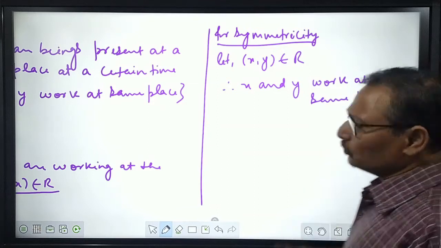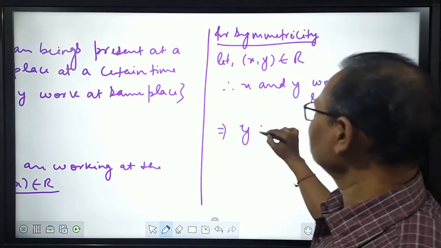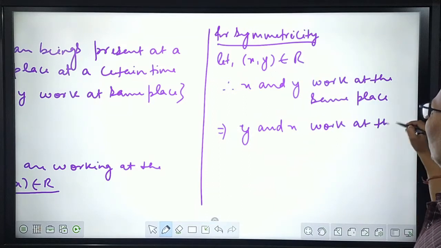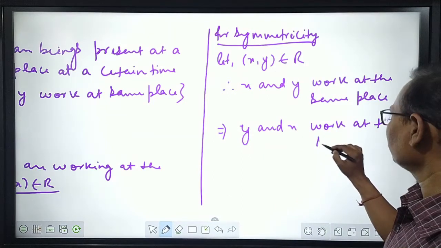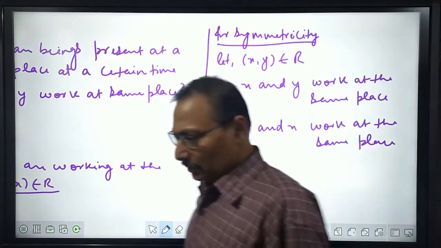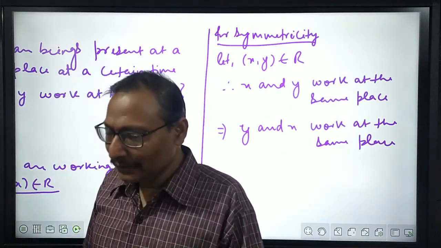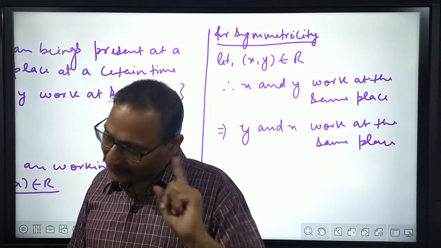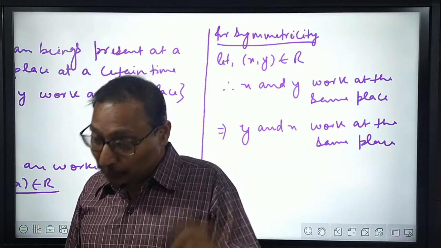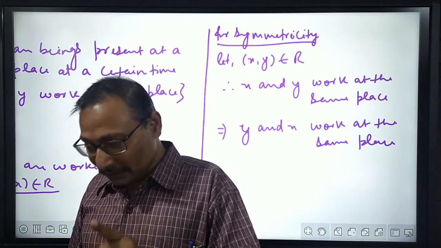And if these two are working at the same place, we can write this one as this also: y and x work at the same place. What is the need to write in this way? Very simple. Actually, the definition of the relation was that the first member x and the second member y are working at the same place. So if we want to put y as the first element, we should read y in the beginning.